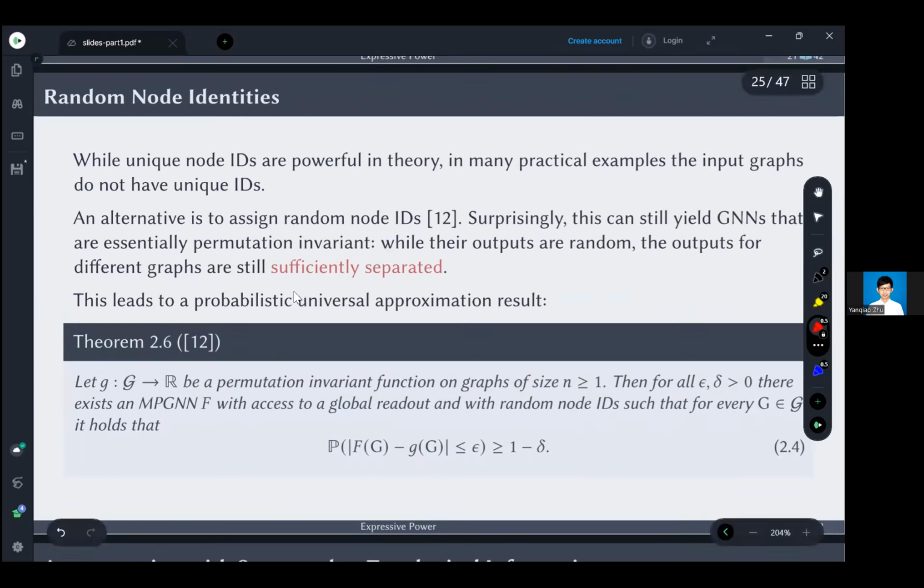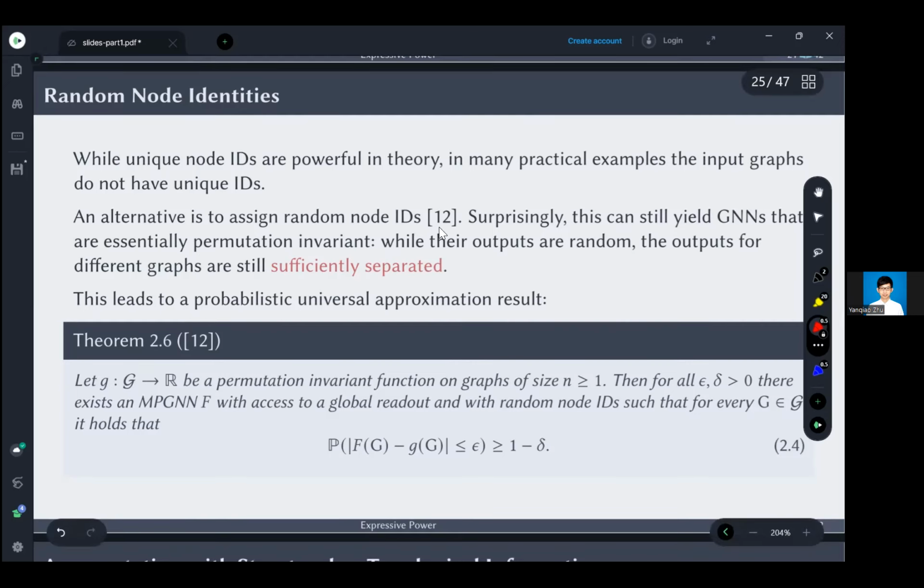Intuitively, if you assign random node identities to every node, this kind of graph neural network model will lose its representation power, because it is not trivial to see that it is still permutation invariant, but actually, surprisingly, it is.